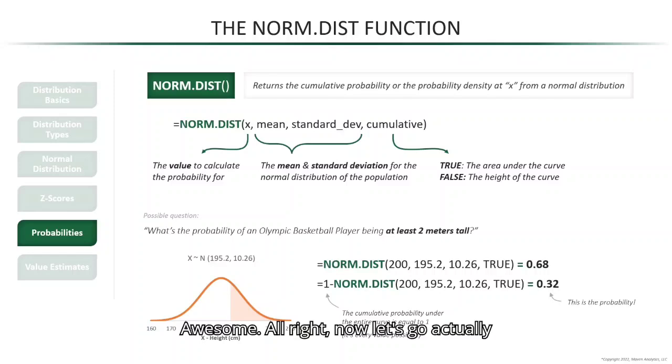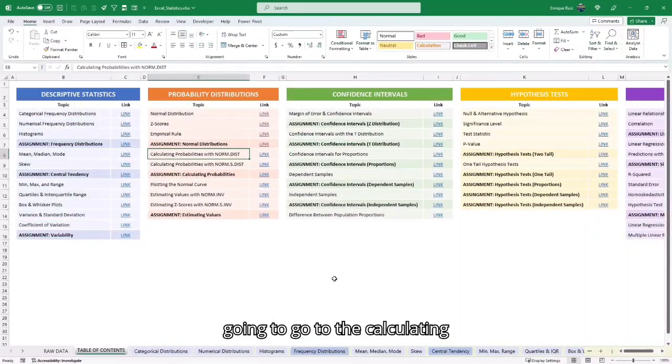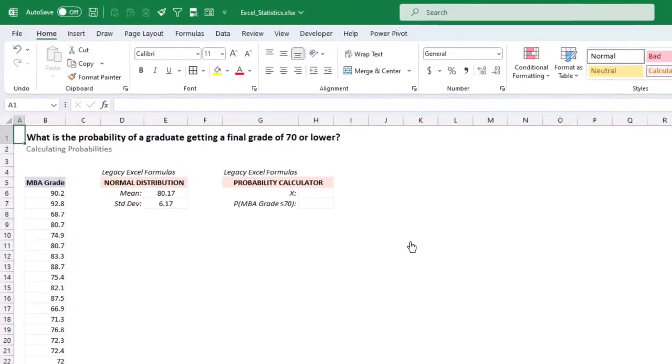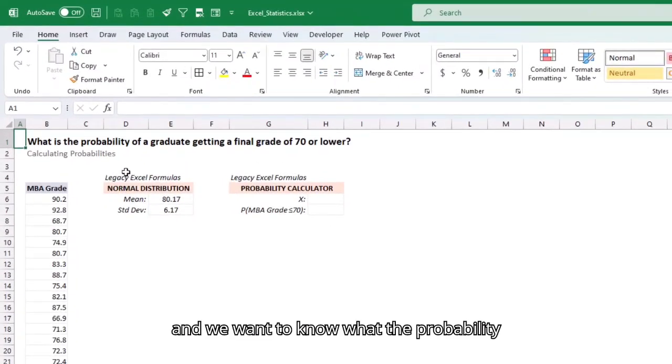Awesome. All right, now let's go actually do this in Excel ourselves. I'm going to go to the calculating probabilities with the norm.dist function link. Click on that. And we want to know what the probability is of a graduate getting a final grade of 70 or lower, since that's a pretty subpar score.